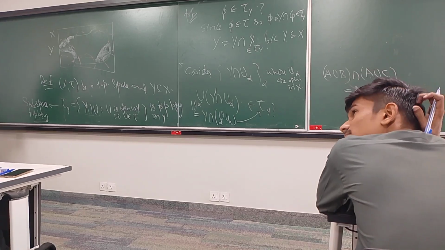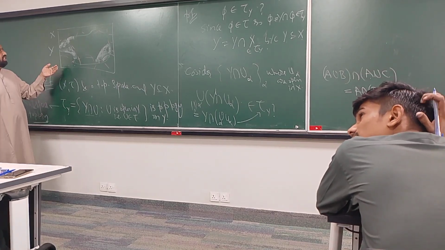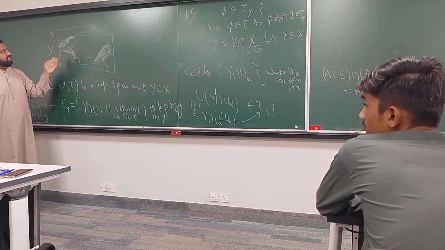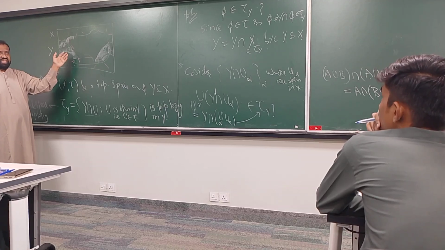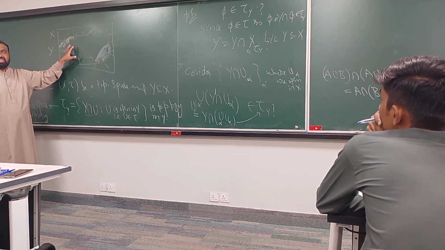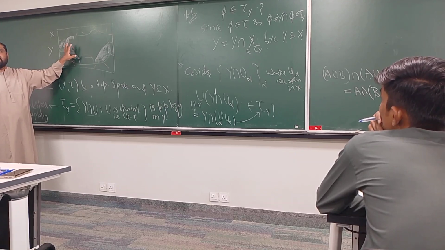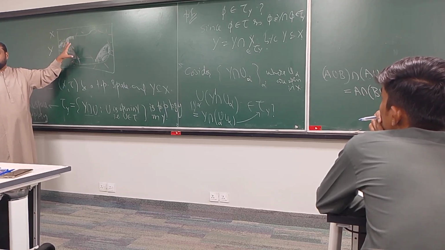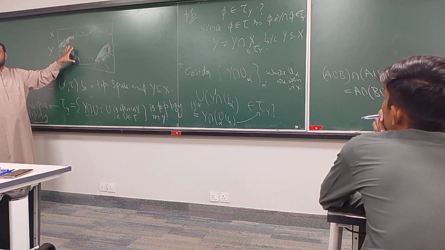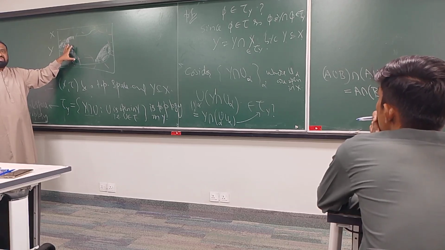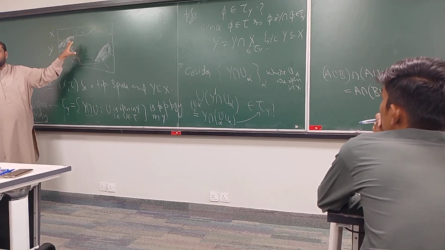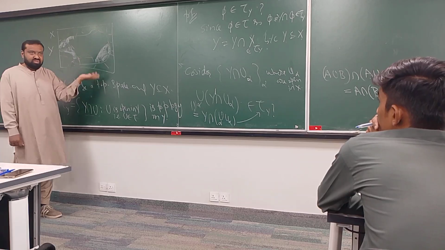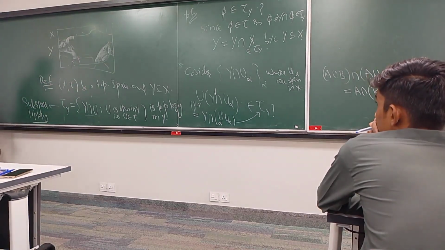So by doing this, what we have done is that I took a topological space and I took an arbitrary set inside that topological space, and I turned that arbitrary set into a topological space actually. You can have plenty of subsets of X, and each one of them can be turned into a topological space.